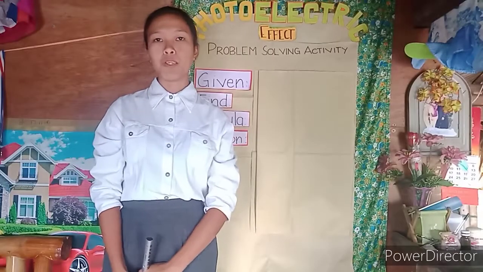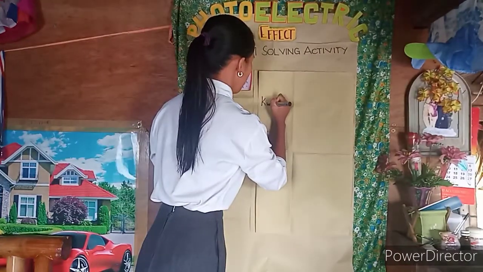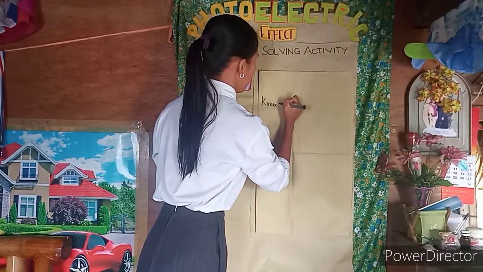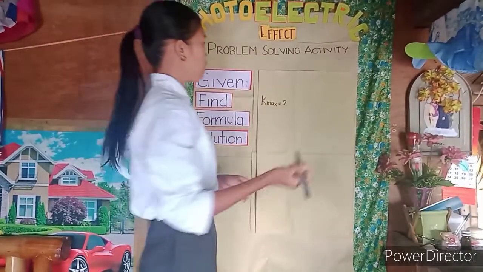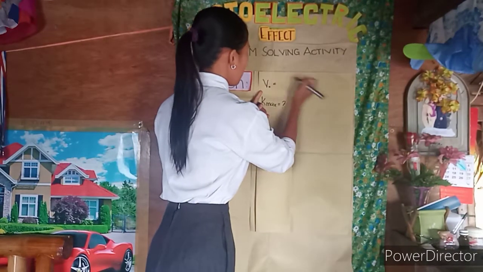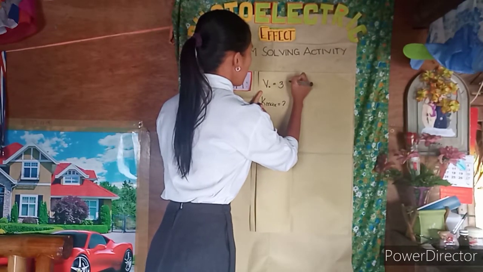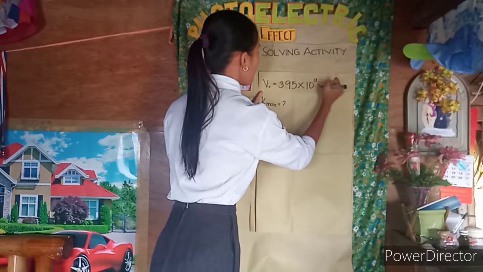For our next problem in finding the maximum kinetic energy of the photoelectrons, we are given a stopping potential, which is equal to 3.95 times 10 raised to 18 volts.